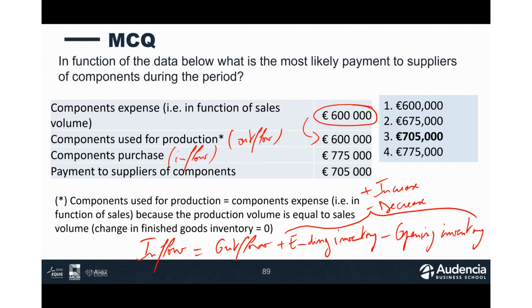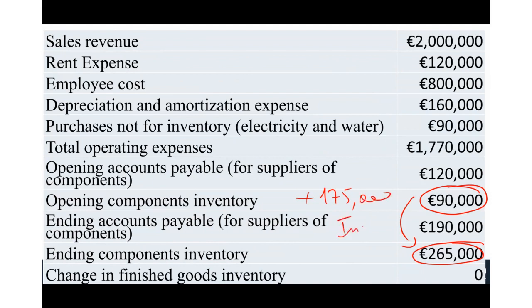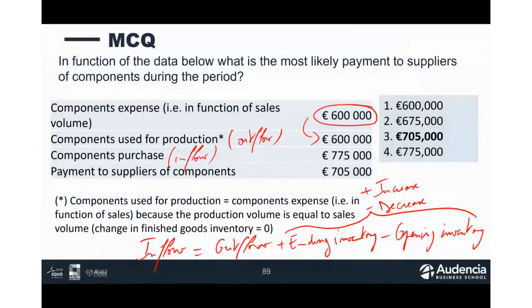So here for the components inventory, we start with 90 and we finish with 265. So we increase inventory by 175,000. If we increase inventory, we add this amount to the outflow. The outflow is 600,000. I add the 175. So now I have 775,000. So this is the components purchase during the period.